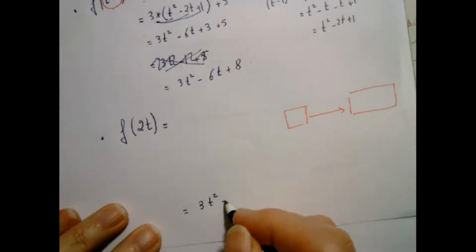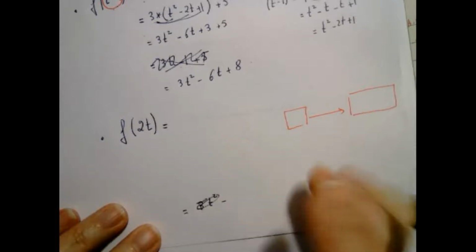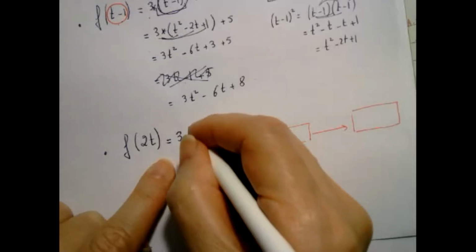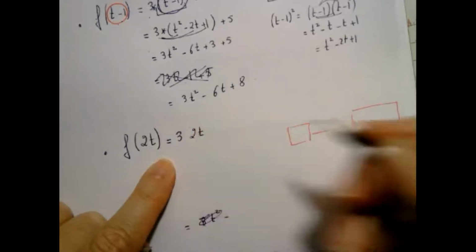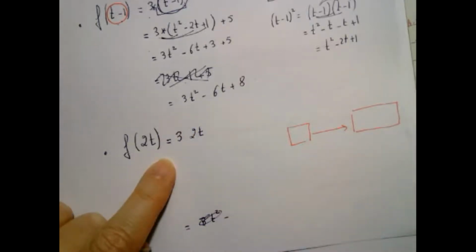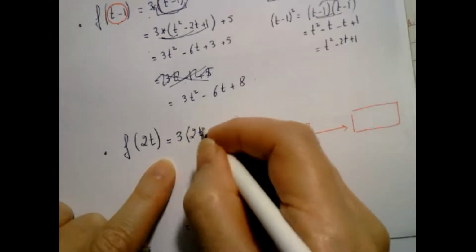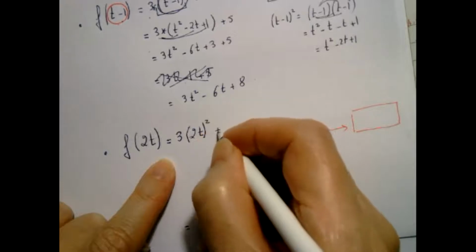3 times 2t squared. Okay, you're giving me that. Here, 3 times 2t squared. Where should the parentheses be? Where do you want me to start my parentheses? 2t, after the 3, squared, plus 5.